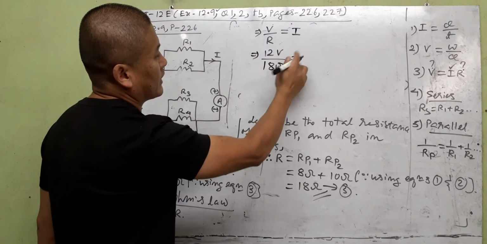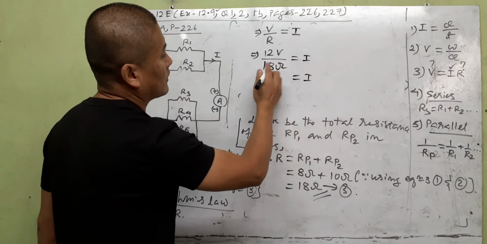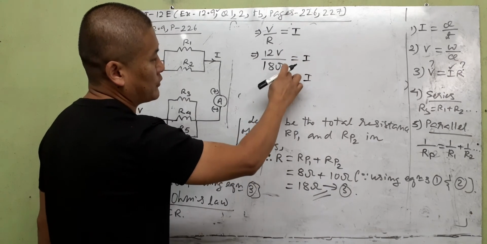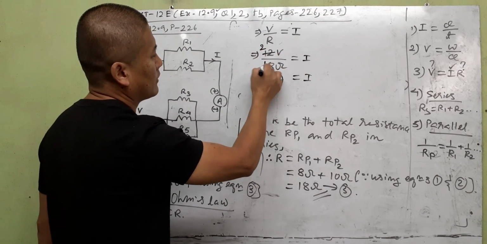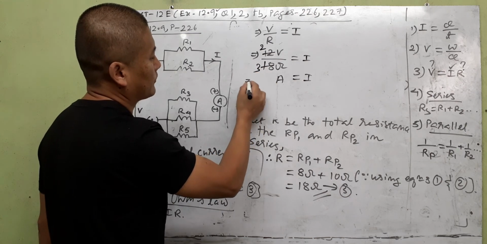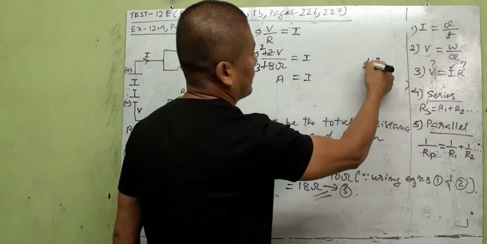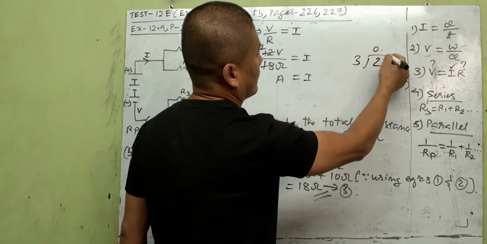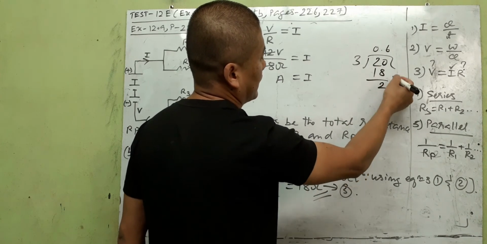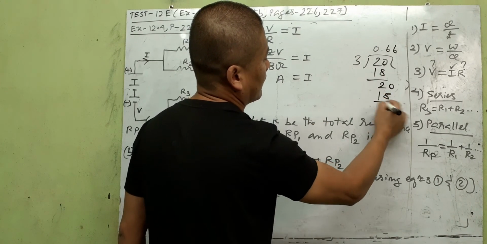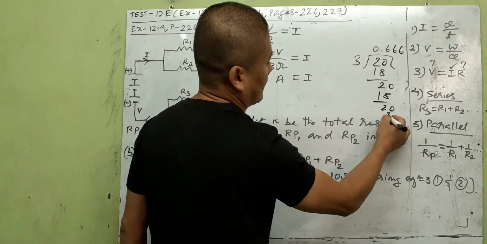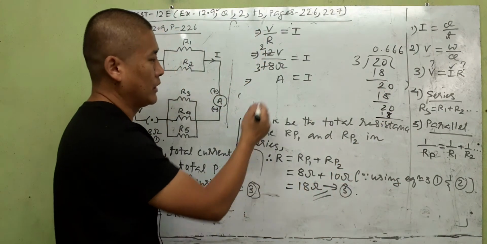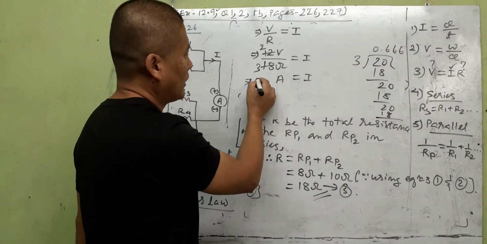Both are in the SI system, so the current SI unit is ampere, meaning volt by ohm is ampere. So 6 2s are 12, 6 3s are 18. If you divide 2 by 3, then 3 6s are 18, 2 in hand 0, 3 6s are 18, 2 in hand 0, 3 6s are 18. Like that you can go to the third place, usually we go to the third place.